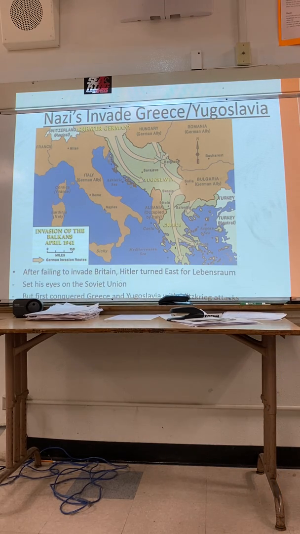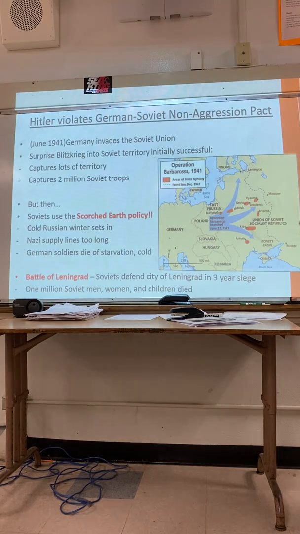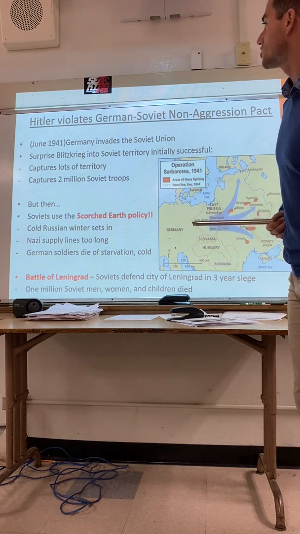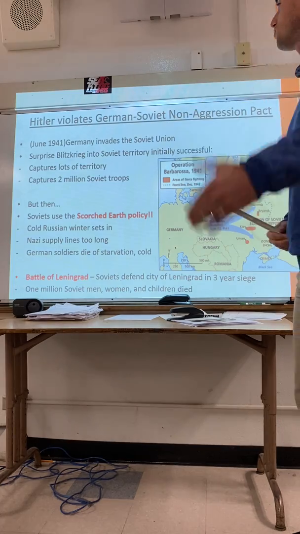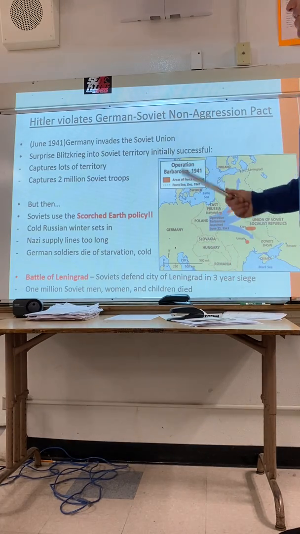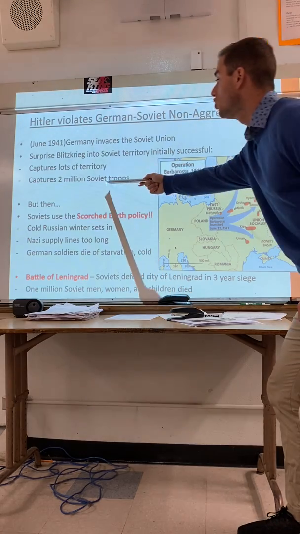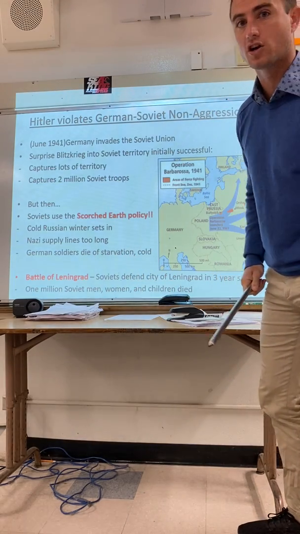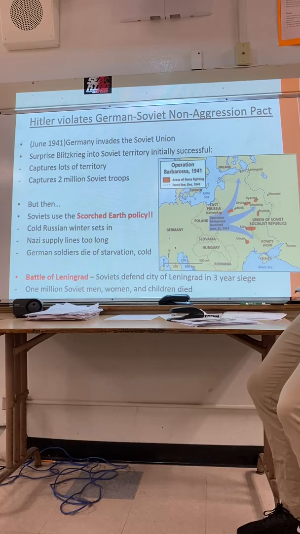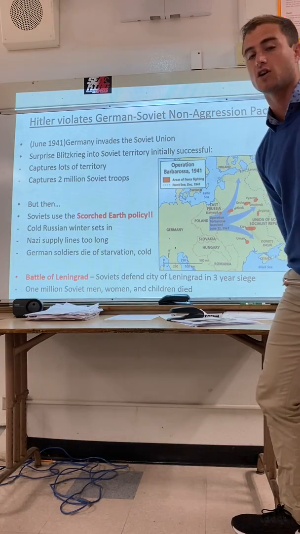And he does so initially incredibly effectively. In June of 1941, Germany is going to invade the Soviet Union. They surprise blitzkrieg into the country. They capture a tremendous amount of territory, and they captured 2 million Soviet troops. Oh my goodness. This is a death blow to the Soviet Union.